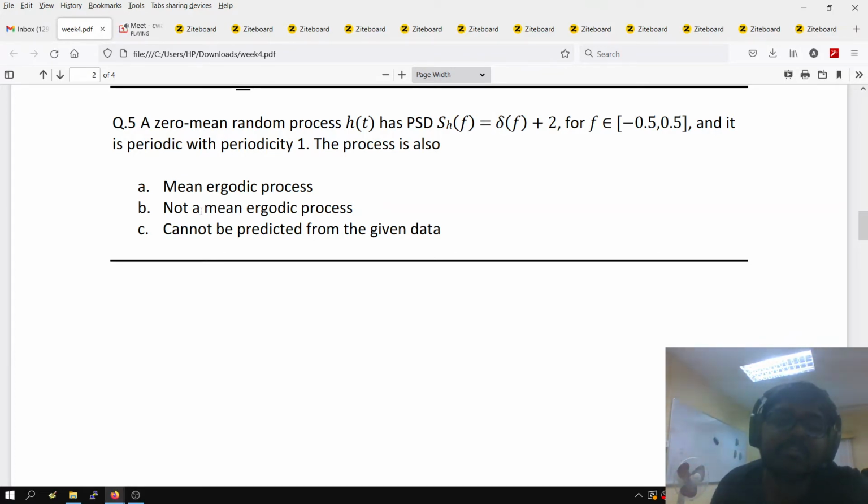Yes, zero mean process in what sense? What you are taking here? Yes, zero mean has been given, but zero mean in what sense? It is in the time sense, right? To become ergodic, you have to comment whether sample average is equal to time average. The time average is said it is zero, but there is no comment on sample average.